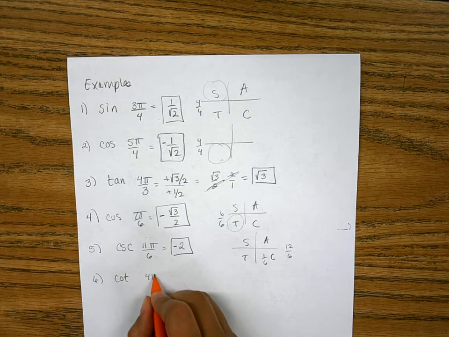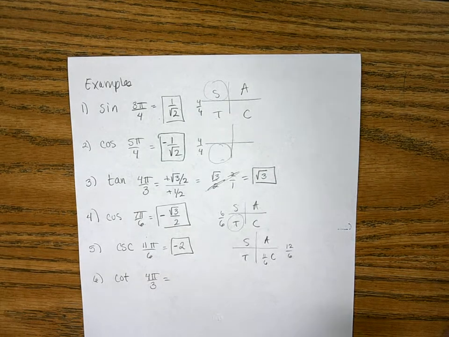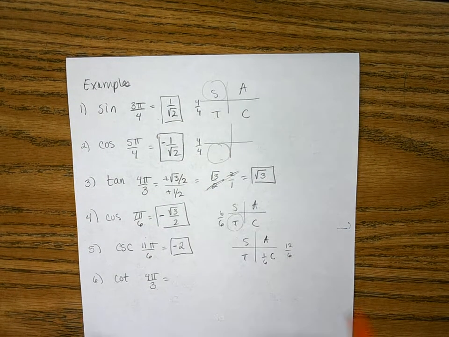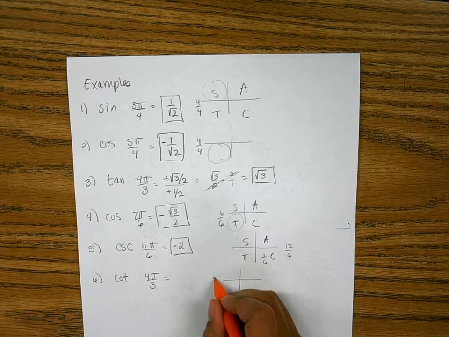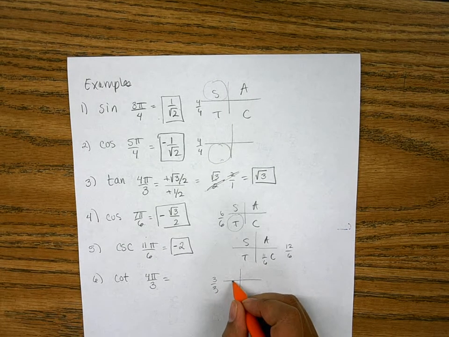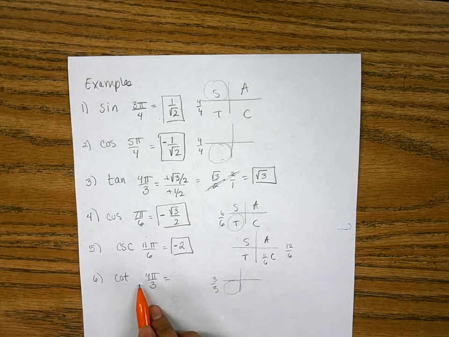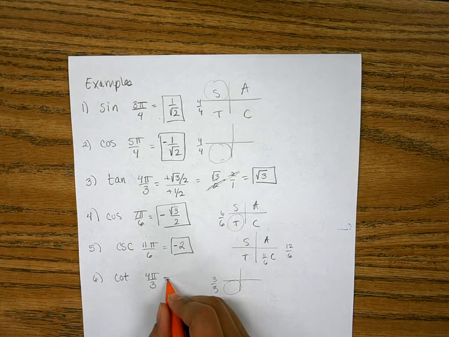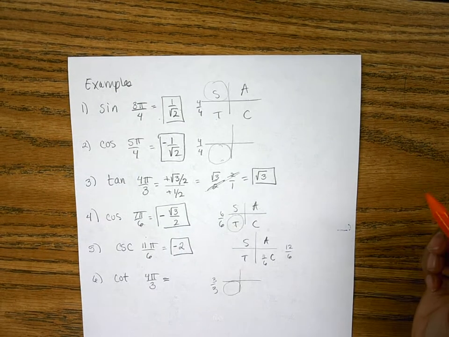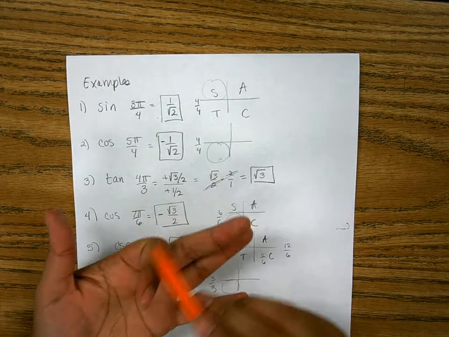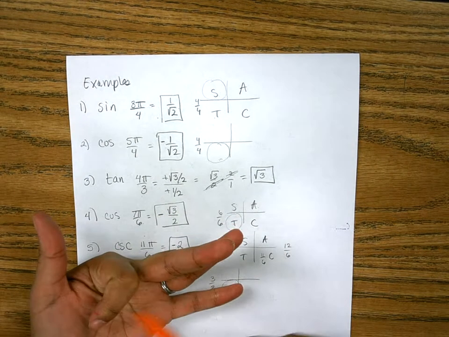All right, let's just do a few more. Cotangent of 4 pi over 3. Cotangent's the reciprocal of tangent. Really quick, 4 pi over 3, if this is 3 over 3, 4 pi over 3 is here. Tangent is positive, that means cotangent's going to be positive. Reference angle is 60 because my denominator is 3.